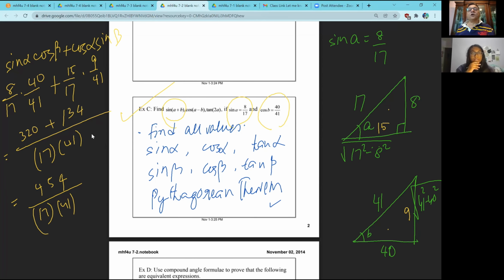Sometimes they also give you the quadrant, because when they say cos beta is 40/41, it is a positive value. Cosine is positive in quadrant 1 as well as in quadrant 4. So they may sometimes tell you that this angle is in quadrant 2 and this one is in quadrant 4. In that case, at present, we are assuming that all of them are in quadrant 1. You get the idea? Okay.